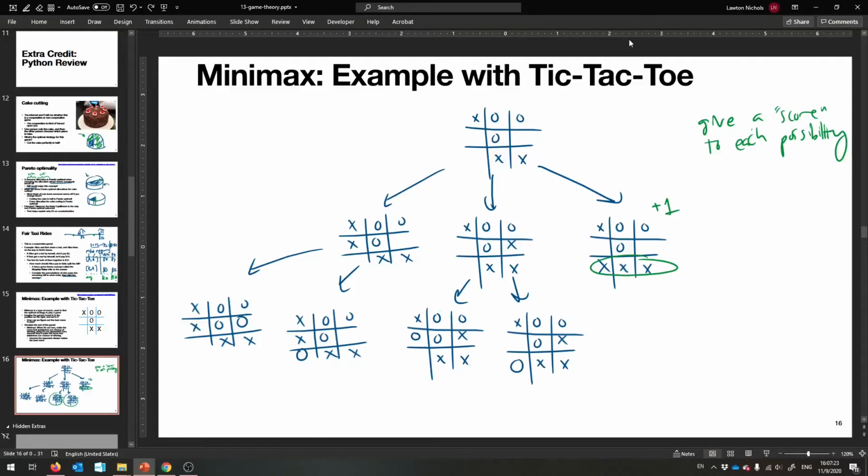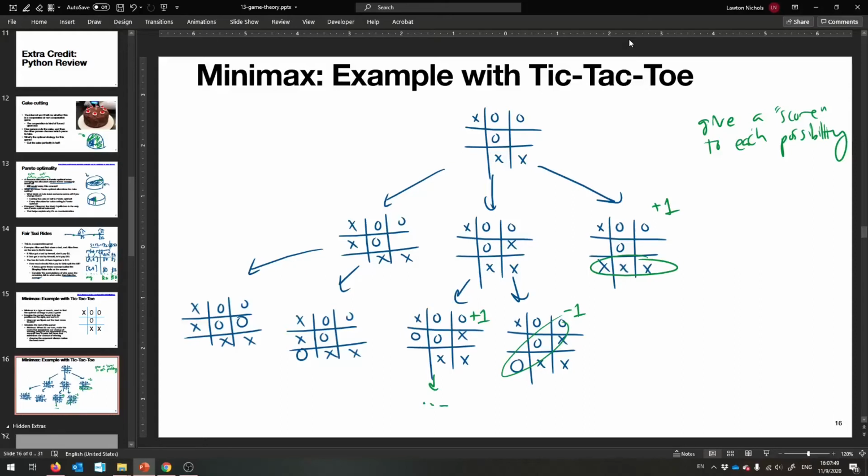way down here, there is an option for us losing. So the O wins. There's also, if we go down here even farther, we'd eventually find a way for us to win because we have this option. So this game board would give us a score of +1. This game board would give us a score of -1.